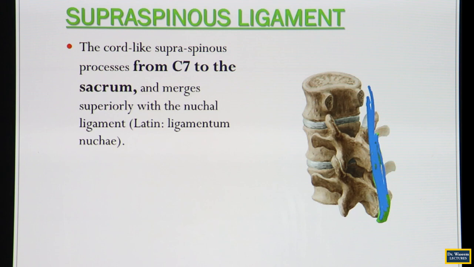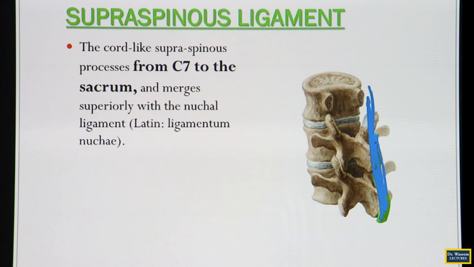This one is anterior, and you are watching another one inside, which binds the inner aspect of the vertebral bodies. This is the posterior longitudinal ligament, because it is lying inside the vertebral canal, beside the ligamentum flavum.